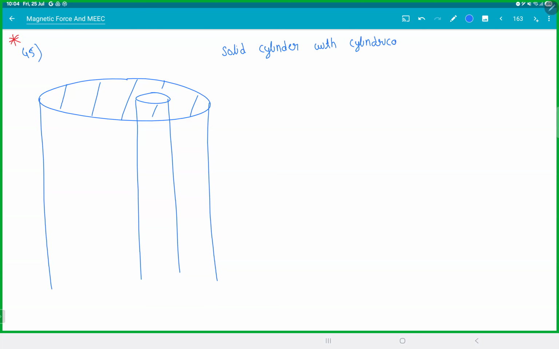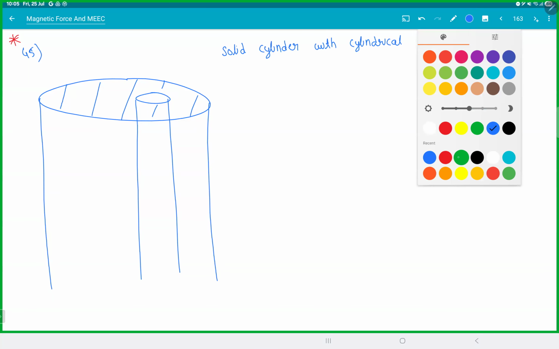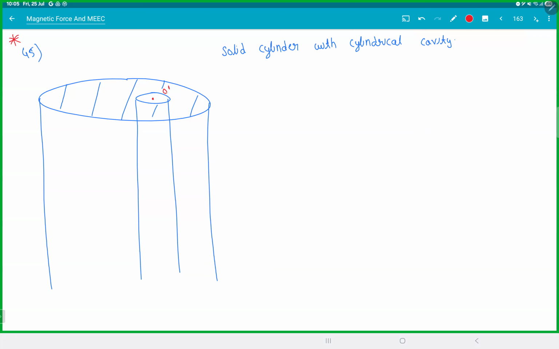Rho by 3 epsilon naught, O dash O bar, remember? This is O dash. This is O. J is the current density. Find the magnetic field inside the cavity. The answer will come in terms of J, O, and O dash.